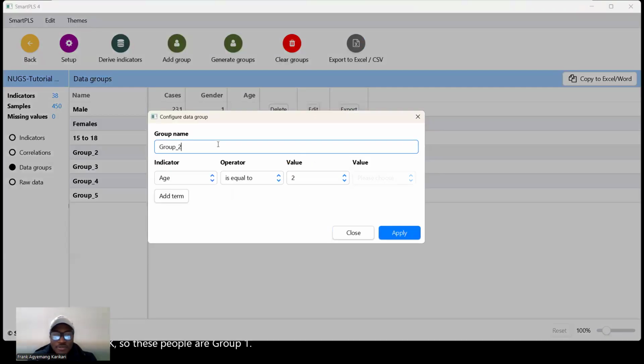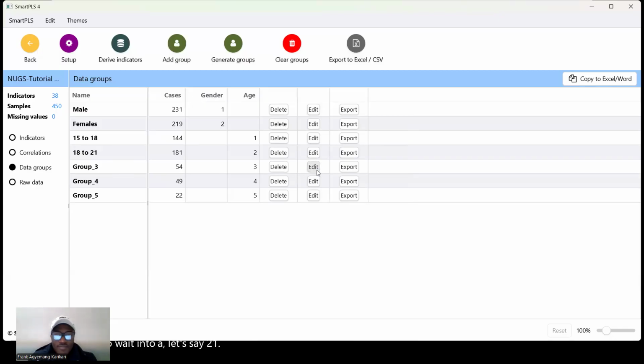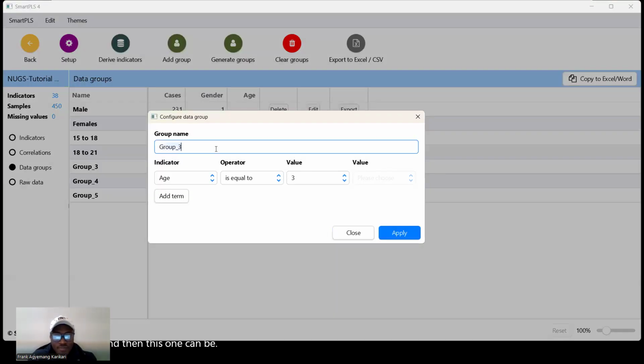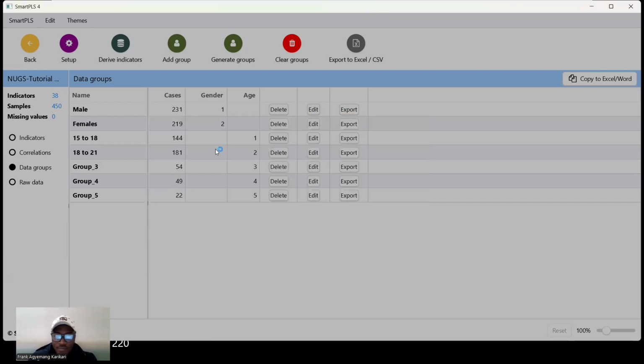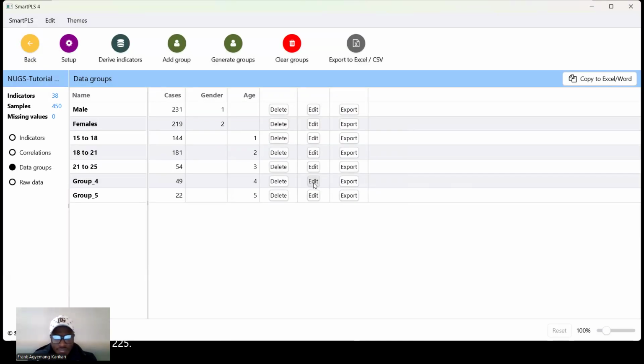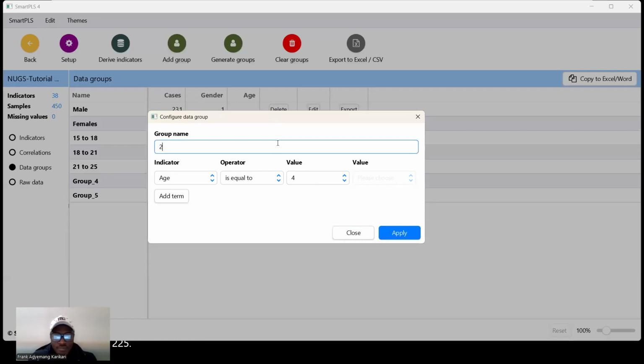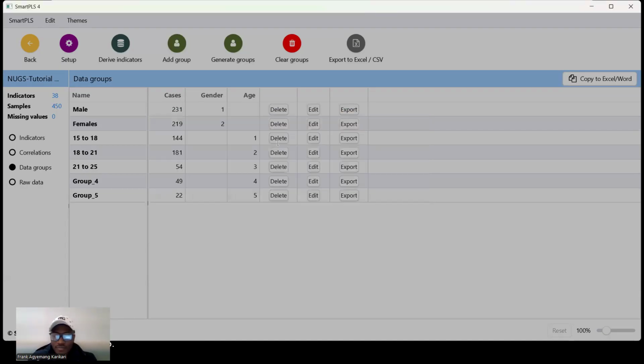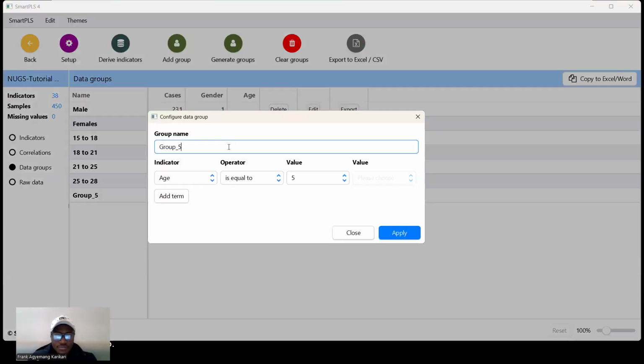Then we can edit this one to 18 to 21. And then this one can be 21 to 25, then 25 to 28, and then let's say 29 and above.